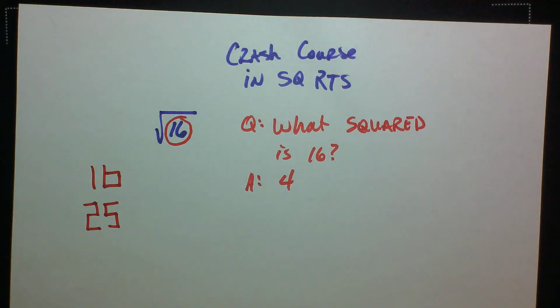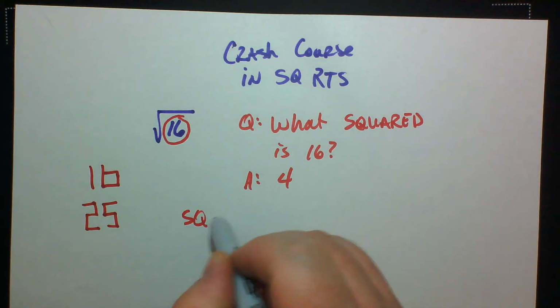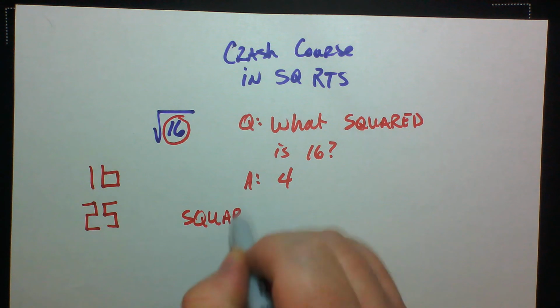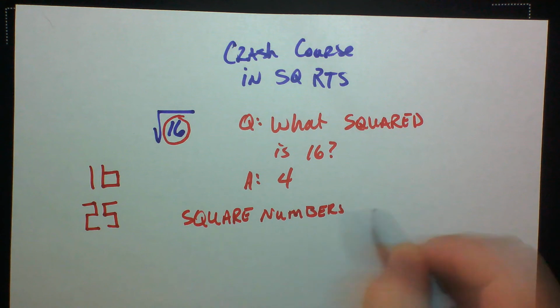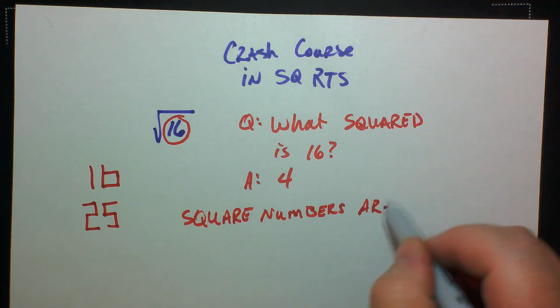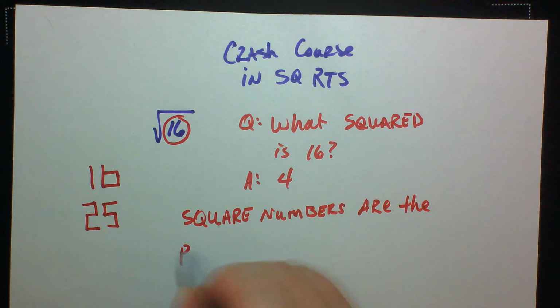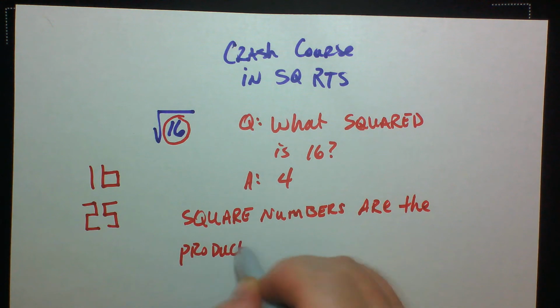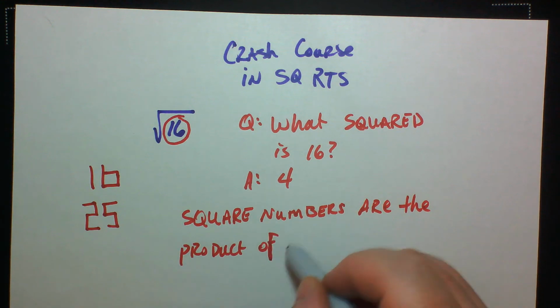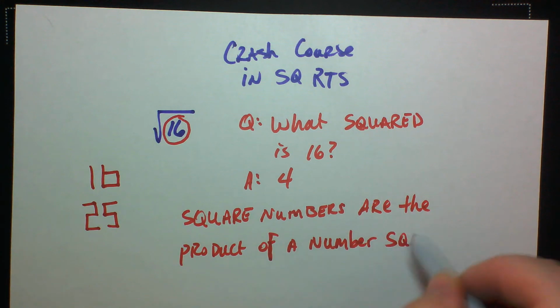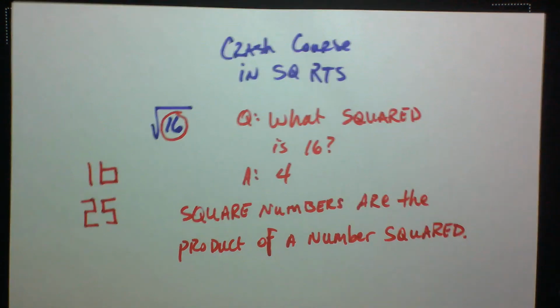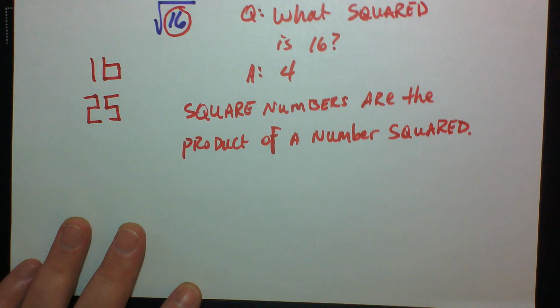Here's what they are. Square numbers are the product of a number times itself.